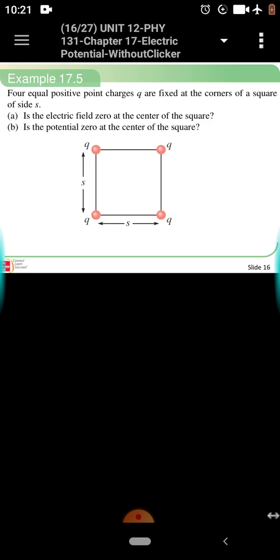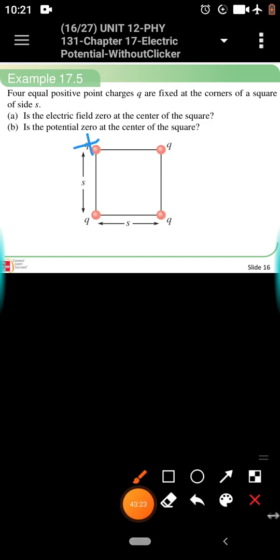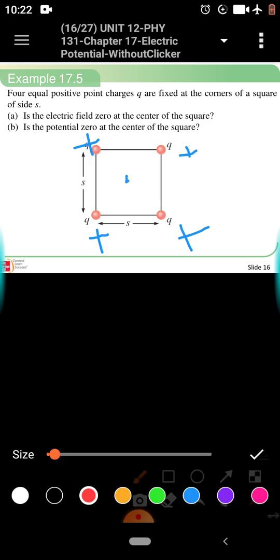Okay, they say they're positive. That's okay. These are equal positive charges, and we have a center here. Remember, the fields move out from the positive source.